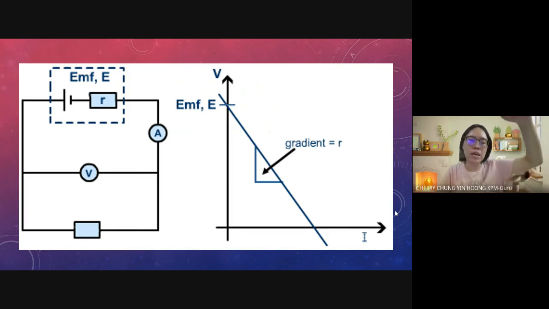So when 你这个 I increases 的时候, 你的 V 会 decreases. Why? 不要忘记你这个 V 是 measuring the voltmeter reading of the battery.